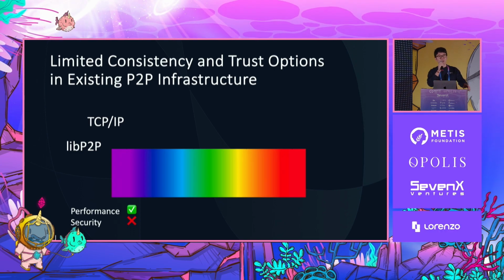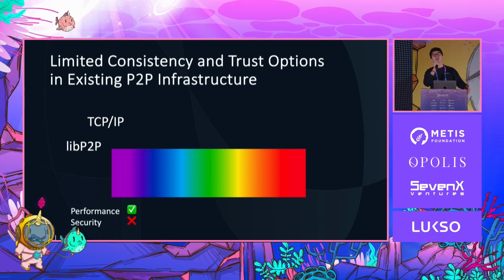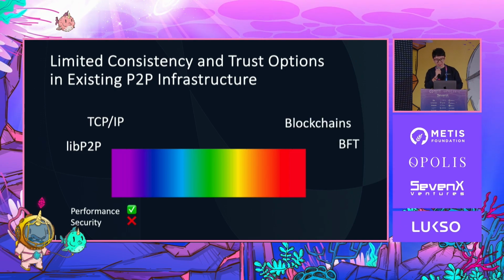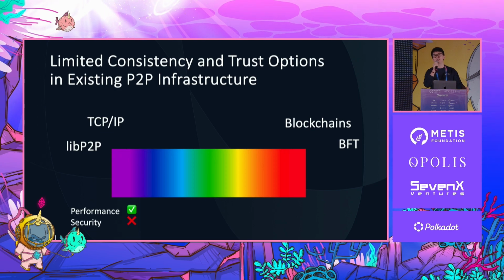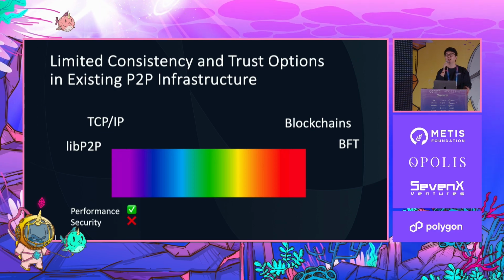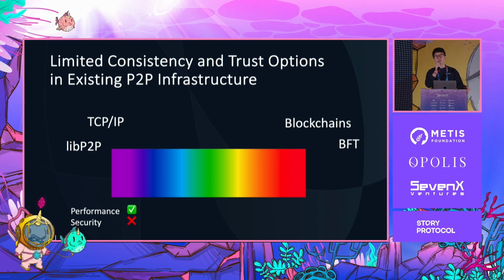If you build decentralized applications which require a lot more security or consistency, what you do is choose the far right end of the spectrum, where you use a blockchain, a permissioned BFT protocol, or any other form of infrastructure like layer 2 rollups, restaking, and others that give you very strong security.